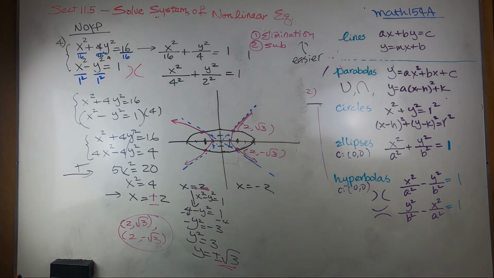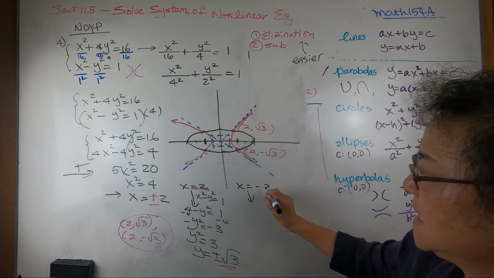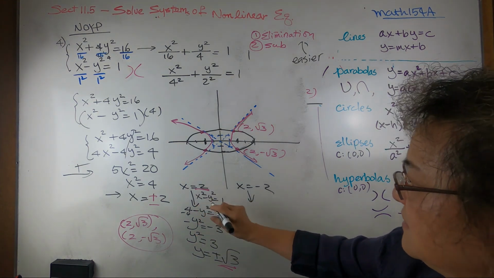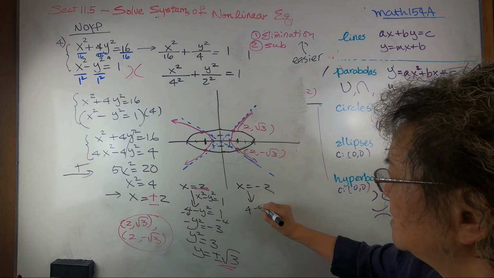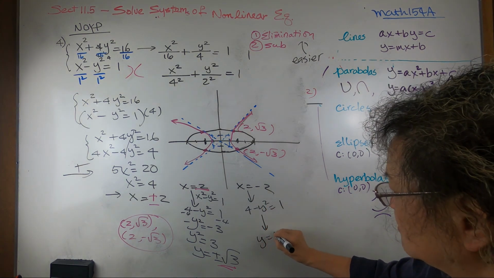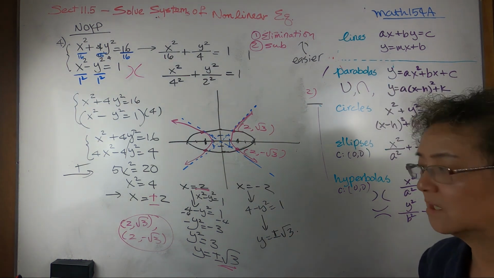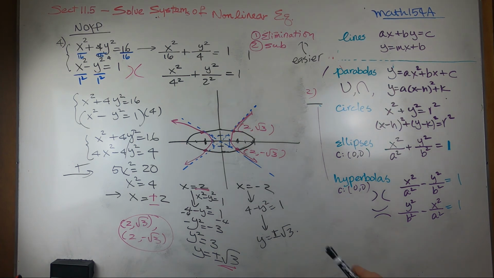How about x is negative 2? Same thing, you plug in there. Negative 2, right? It's a 4, same thing. 4 minus y squared equals 1. You end up y is plus minus square root of 3. Right? They are the same when you plug in. So what's the order of pairs?